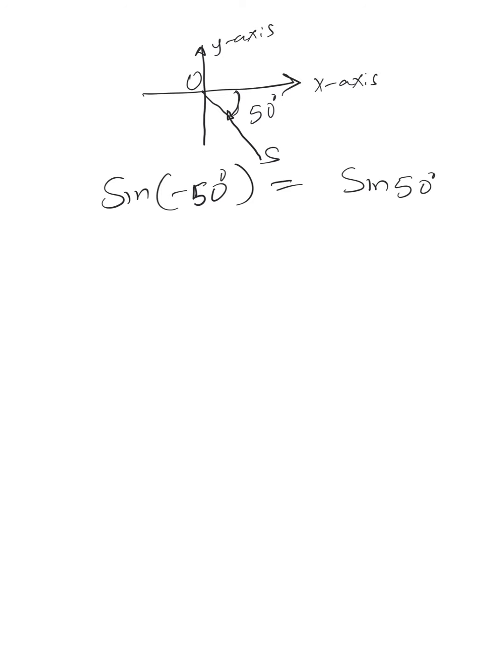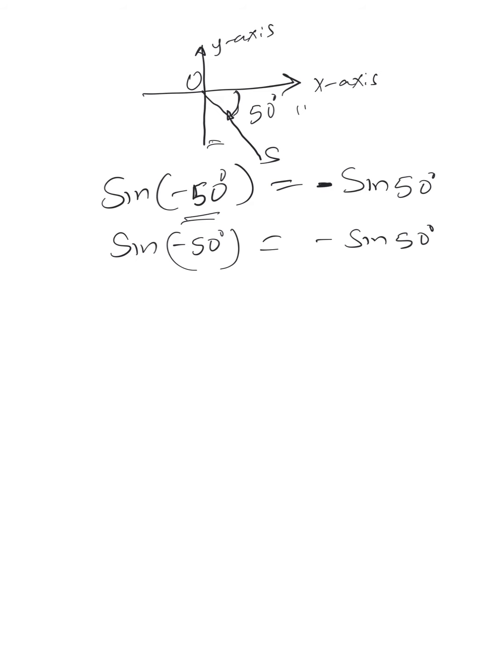But this angle negative 50, in which quadrant is it? It is in the fourth quadrant, and in the fourth quadrant, only cosine is positive, so we put a minus here. So the sine of minus 50 degrees is going to be the negative sine of a positive 50 degrees. And we are done.